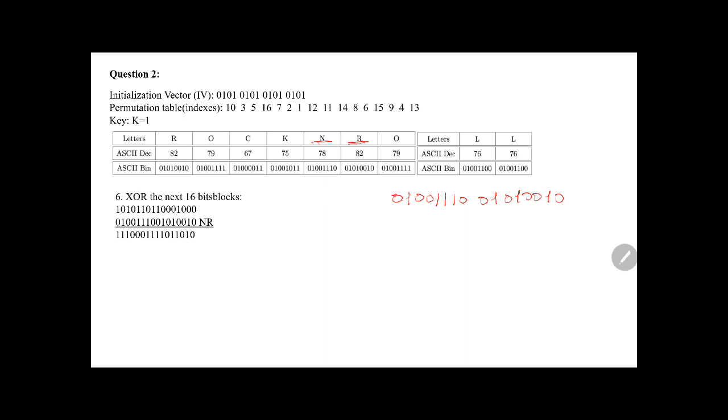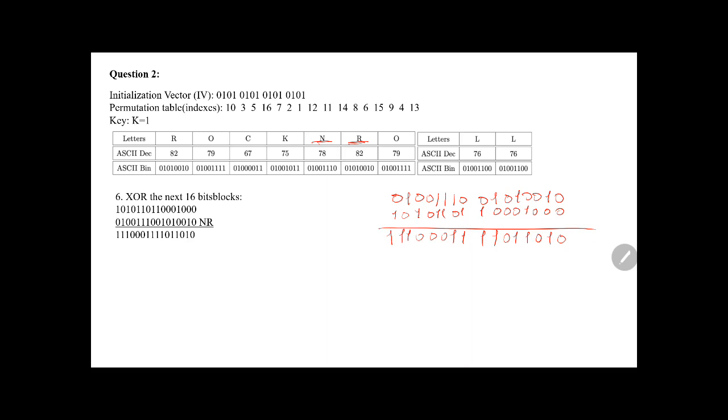And we use the output from the previous block, which is 1 0 1 0 1 1 0 1 1 0 0 0 1 0 0 0. So let's do our XOR, which is 0 1 0 1 0 1 1 1 1 0 0 0 1 1 1.